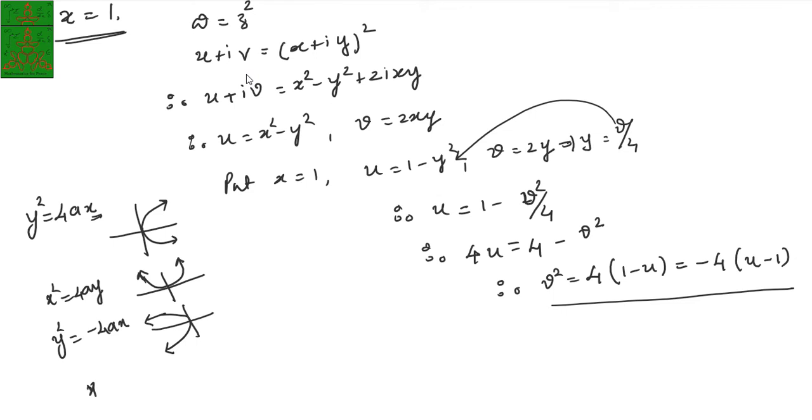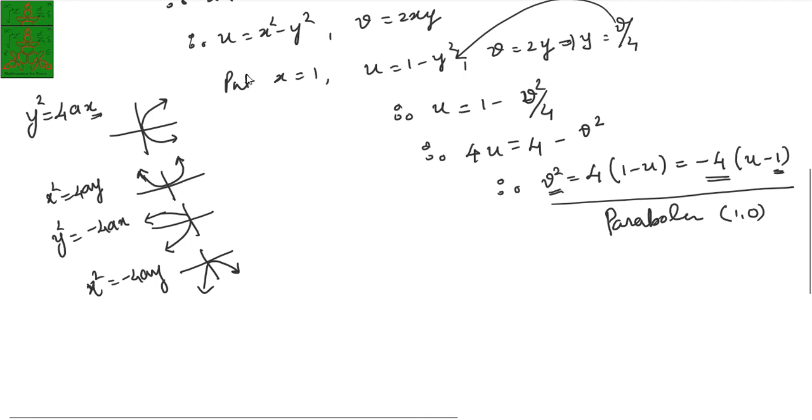And x square equal to minus 4ay, here the orientation is the downward side. Here v square is equal to minus of this, so this will represent a parabola, that's fine, and the vertex of the parabola will be 1, 0, and it opens in the opposite direction, because this is of the form y square equal to minus, it has to be in this way.